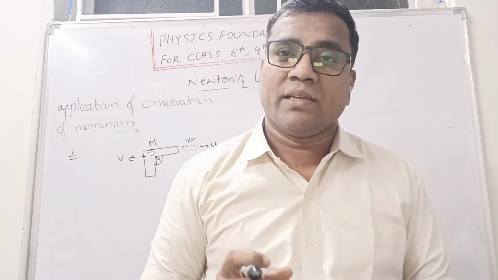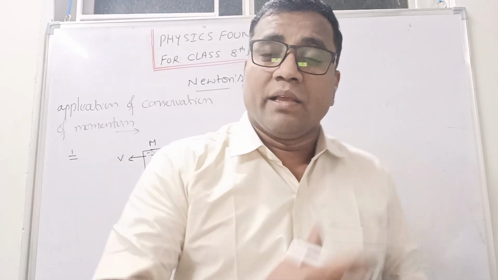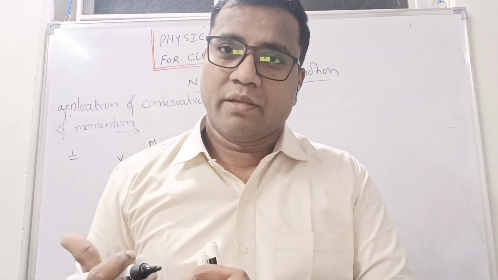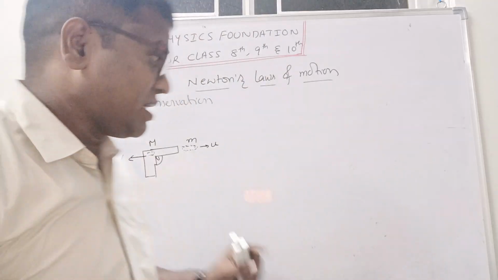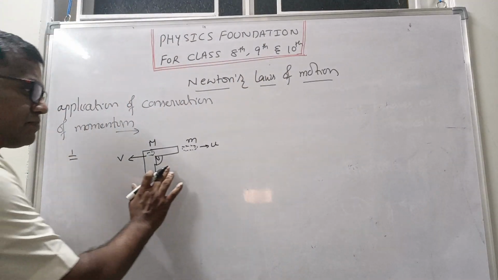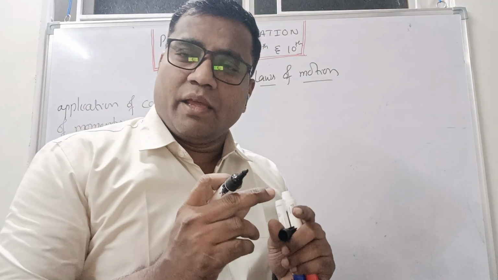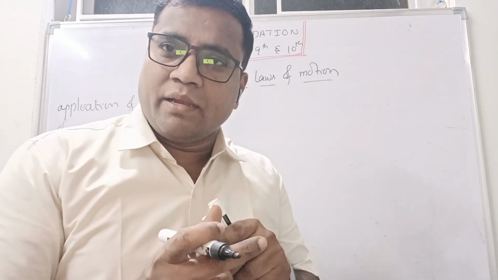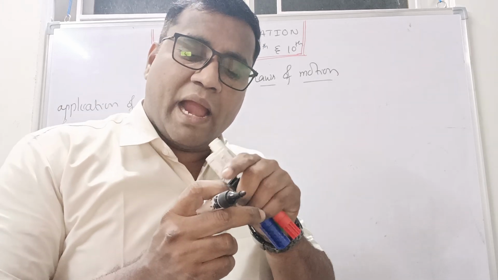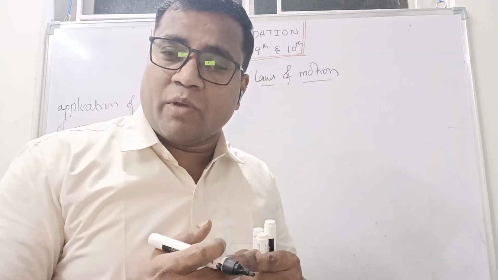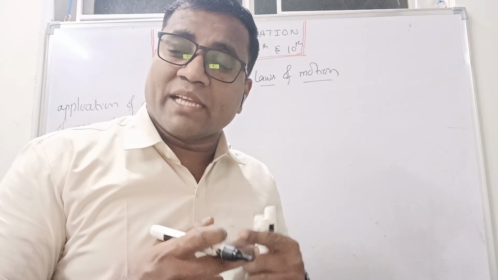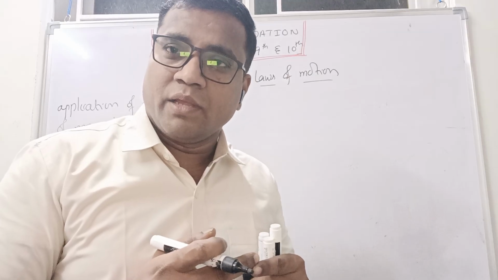So the question will be, with what velocity will the gun move backward? Try to understand here. Initially the bullet is inside the gun. When we trigger and the bullet comes out, there is no external force acting on the system.